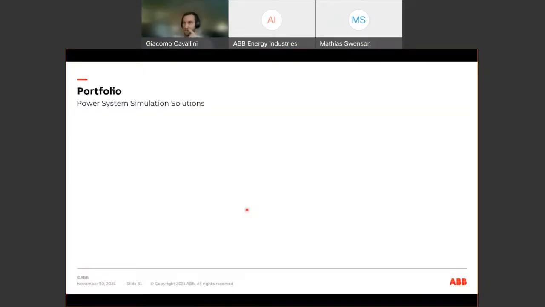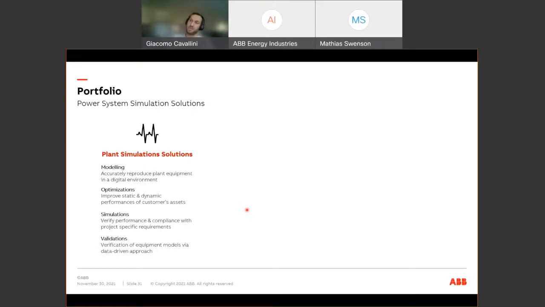So about ABB, what are we doing? From the excitation segment, we are providing plant simulation solutions for our customers. We model plant equipment of every kind. We can model the power generating module, a conventional one but also a renewable one, like a wind park or a wind unit.